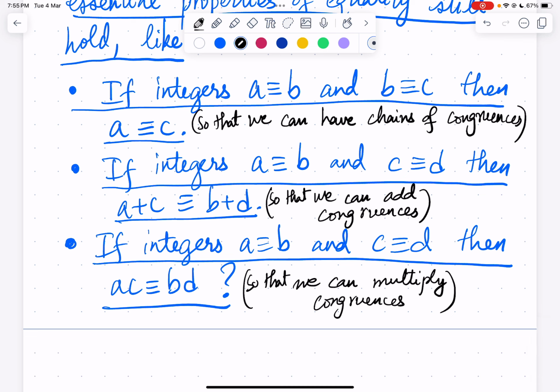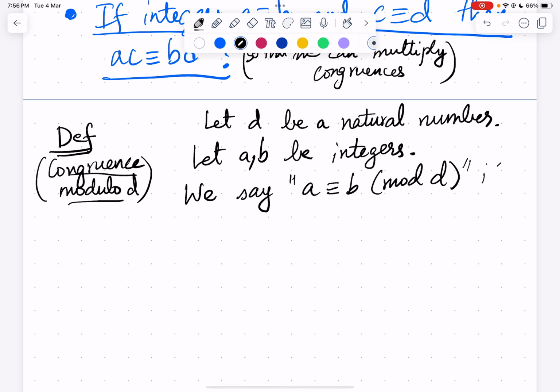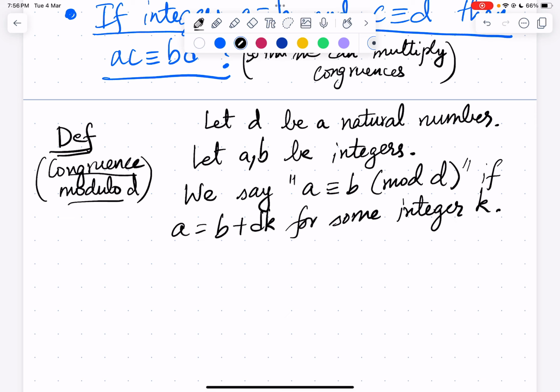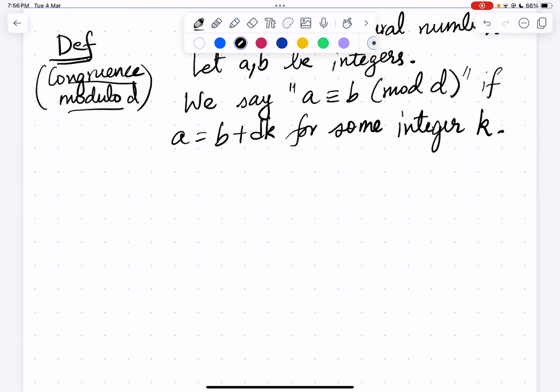We say a is congruent to b modulo d if a equals b plus dk for some integer k.